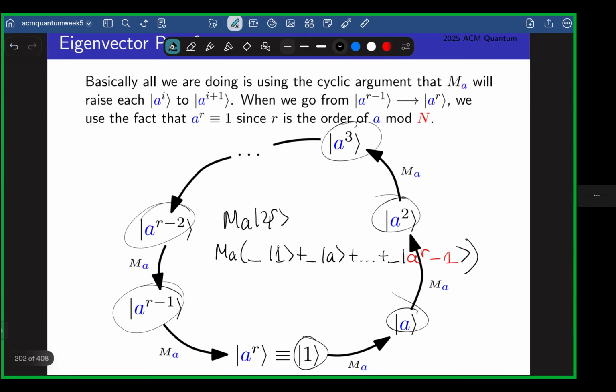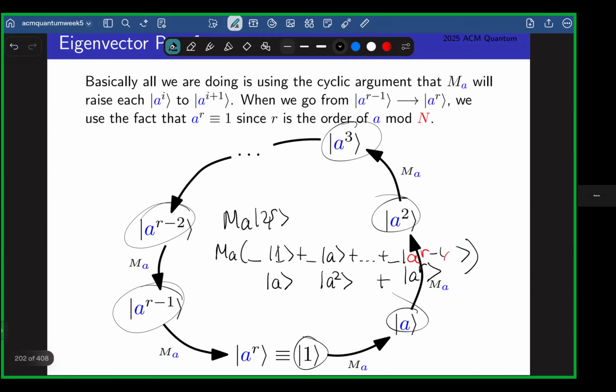What MA does to each state is, remember, multiplication by A. So to this 1, it'll multiply 1 by A. It'll take this A and multiply it by A, so you'll get A squared. When you multiply a to the r minus 1 by A, you're going to get A to the R.